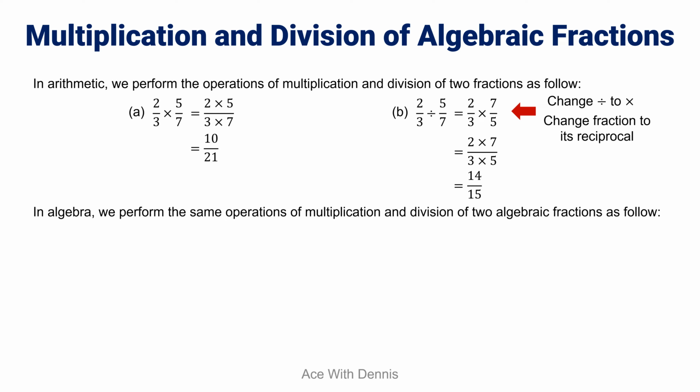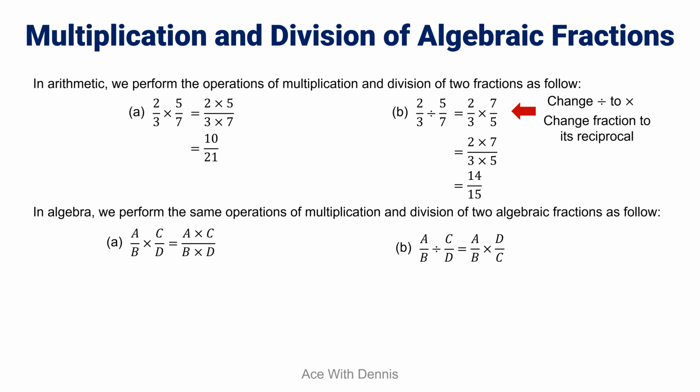Similarly in algebra, we perform the same operations of multiplication and division of two algebraic fractions as follows. For A over B times C over D, again numerator multiplied with numerator, so A times C, and denominator multiplied with denominator, so over B times D. For the division, A over B divided by C over D, we apply the same concept where we change the division to multiplication and the fraction to its reciprocal.